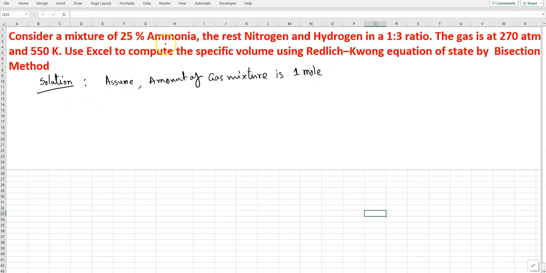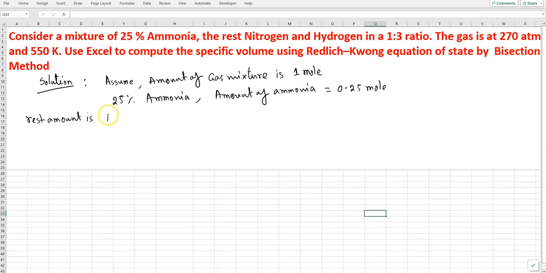The mixture is 25% ammonia, so the amount of ammonia is 0.25 mole, and the rest is hydrogen and nitrogen.